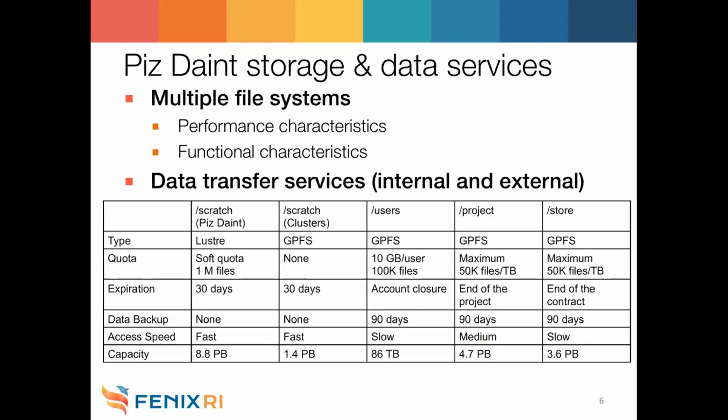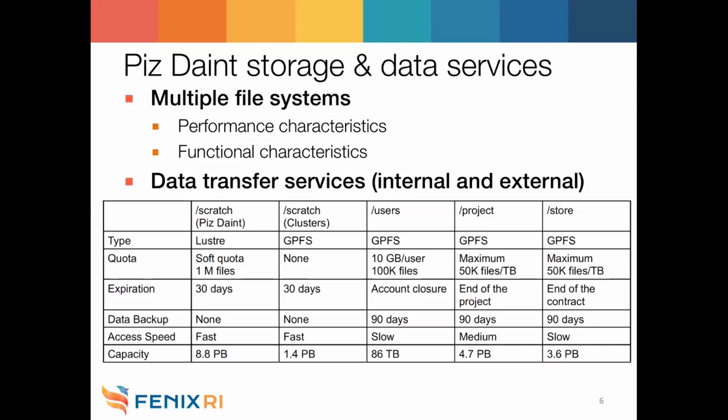But then you have users, project and store file systems, which provide capacity, but not the same type of performance as a Scratch. And they serve different users. So for instance, the users file system is where user primary information is, a GPFS file system. It has an enforced quota on files and some backup properties.